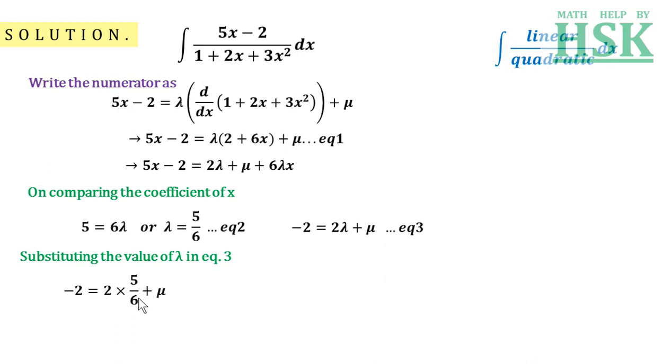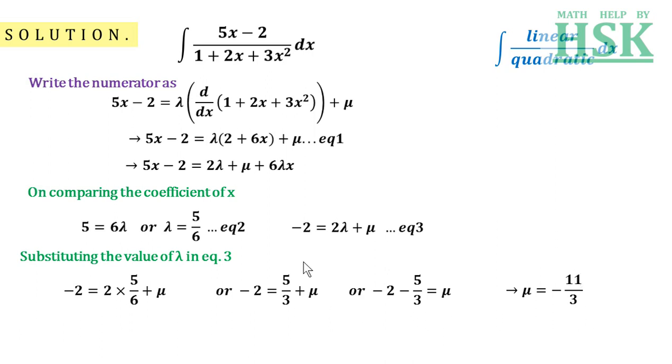This 2 can cancel with 6 to get 5 upon 3. So we get minus 2 is equal to 5 upon 3 plus mu. This 5 upon 3 can be written on the left hand side as minus 2 minus 5 by 3 is equal to mu, or we obtain mu is equal to minus 11 upon 3.